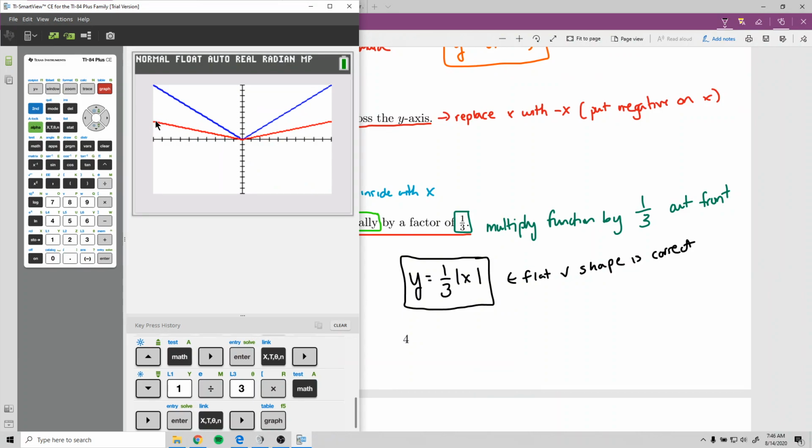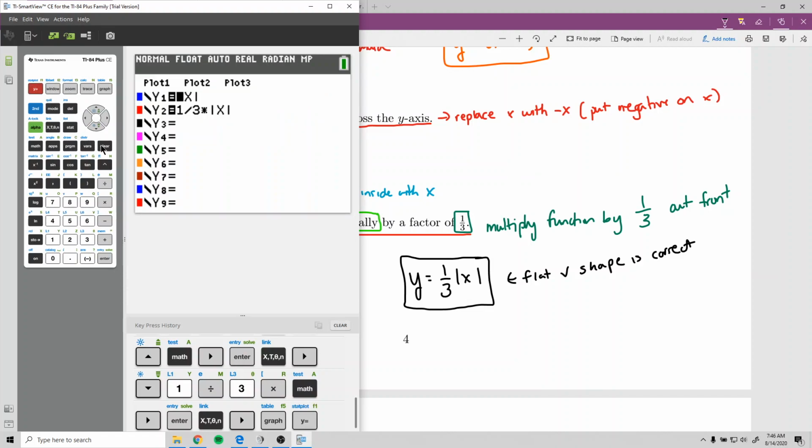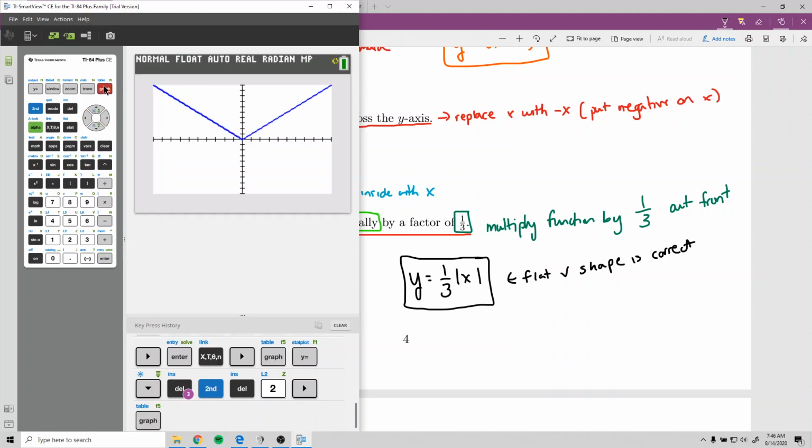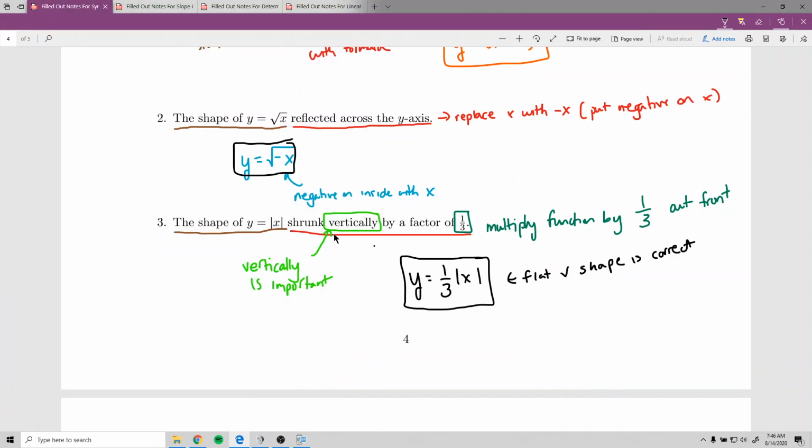I can guarantee you that it's flattening, but it's in the same shape. It's easier to see when it's actually stretched. So if we do, this isn't the problem we're asked, but if we do 2 times it, you'll see it gets more steep and there's still that V shape. So that one would be twice as tall. If it was said, stretched vertically by a factor of 2, that would be our answer.